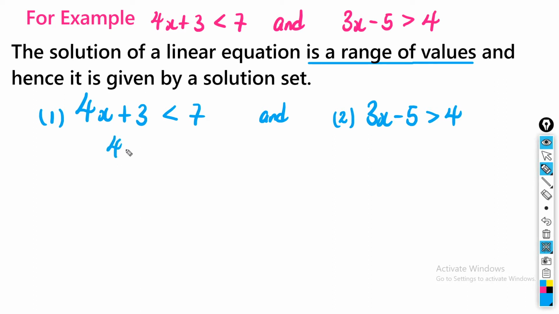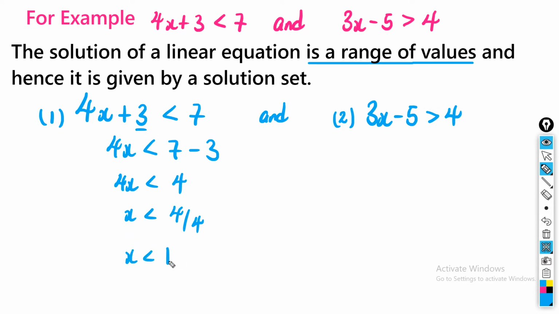So we have 4x is less than. The first thing we're going to do is put this 3 over to the right side of the inequation, and it's treated just like an equal sign in that case. So we're going to end up with 7 minus 3, so the positive 3 becomes a minus 3. Then we get 4x is less than 4, and then x is less than 4 divided by 4, and we end up with x is less than 1.